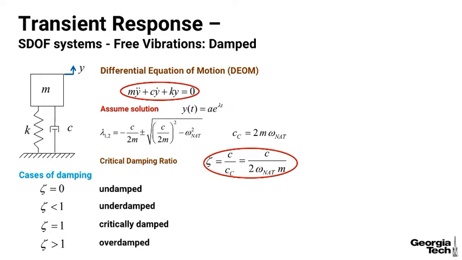So a critically damped system or an overdamped system does not have any overshoot. It just comes right back to equilibrium. Overdamped, it comes back very slowly. As I move towards the critically damped value, the critically damped is the fastest return to equilibrium without overshoot.